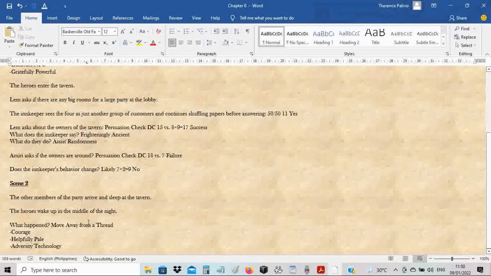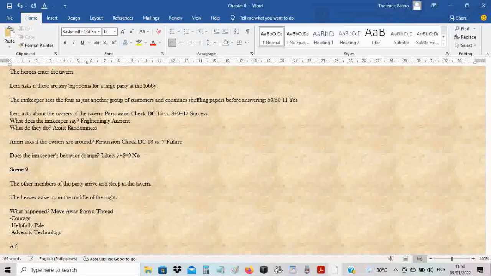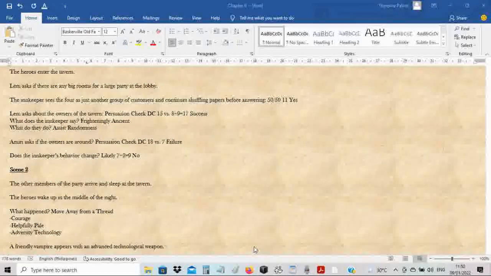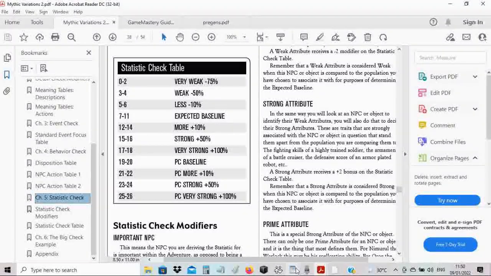Suppose you can say a friendly vampire appears with an advanced technological weapon from the technology guide, okay? But is he or she strong?